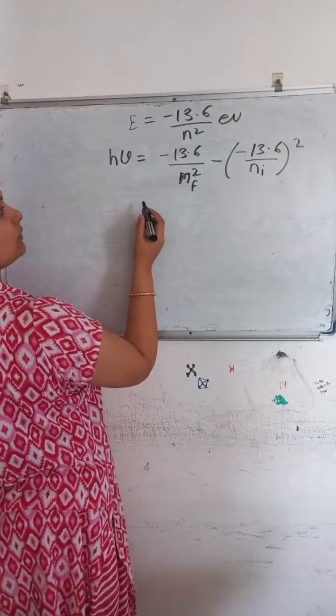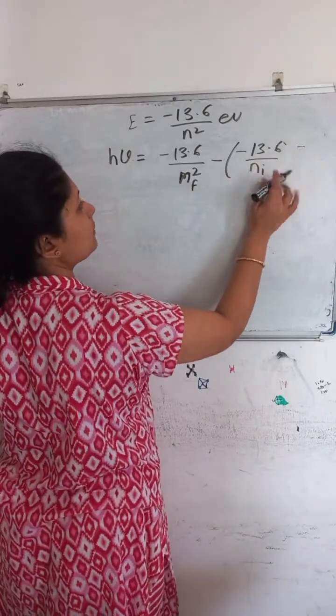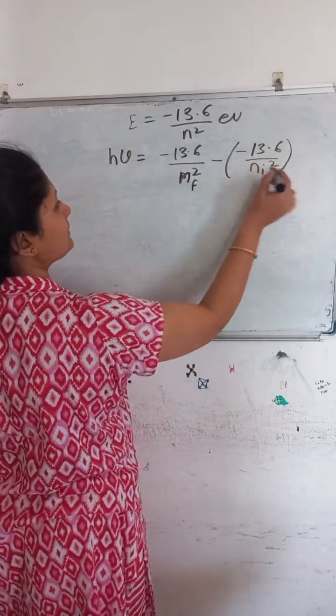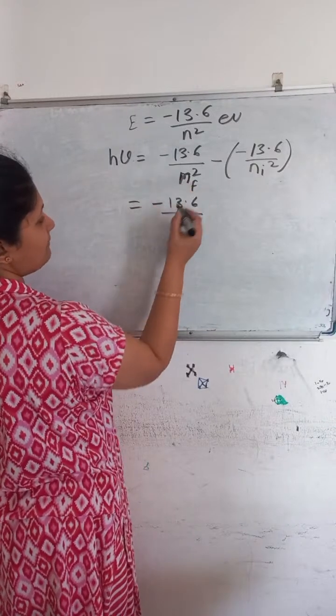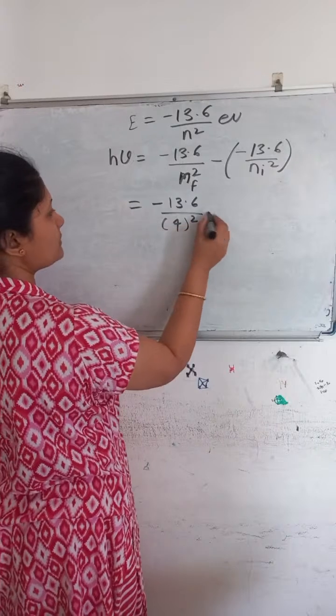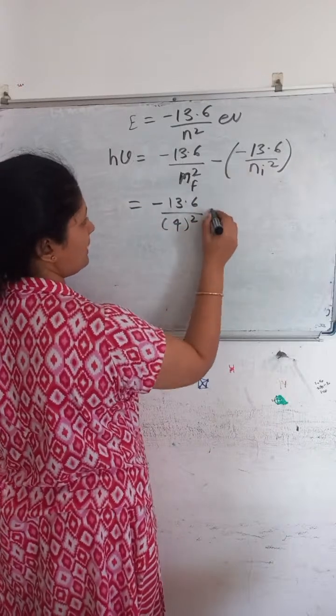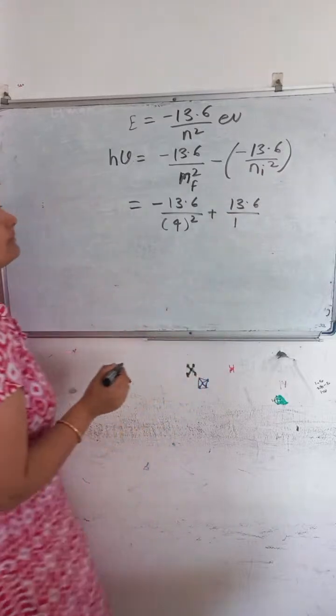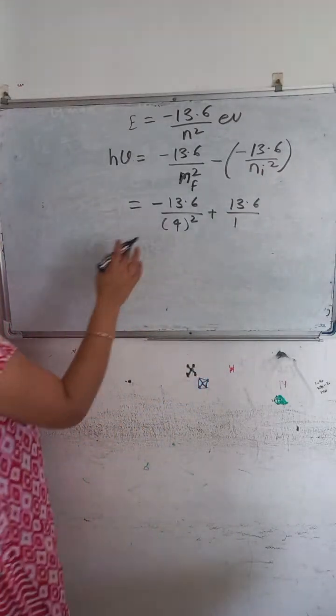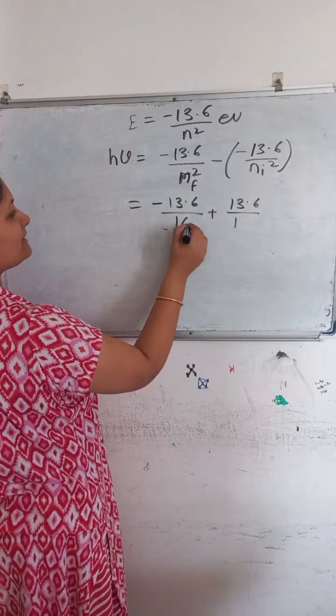Okay, so here minus 13.6, Nf is nothing but 4 given, 4 square, minus of minus will become plus 13.6 divided by 1. Okay, so here only I will do the adjustment.